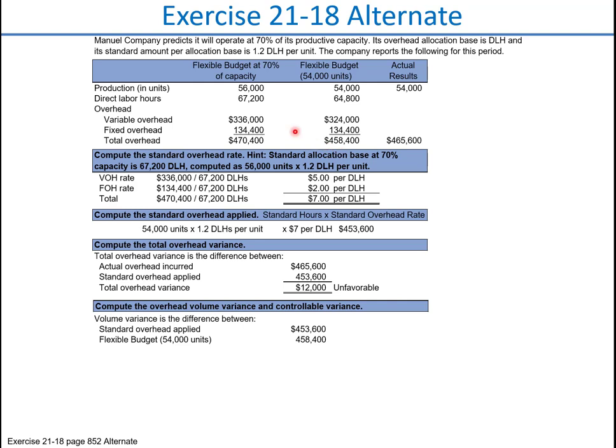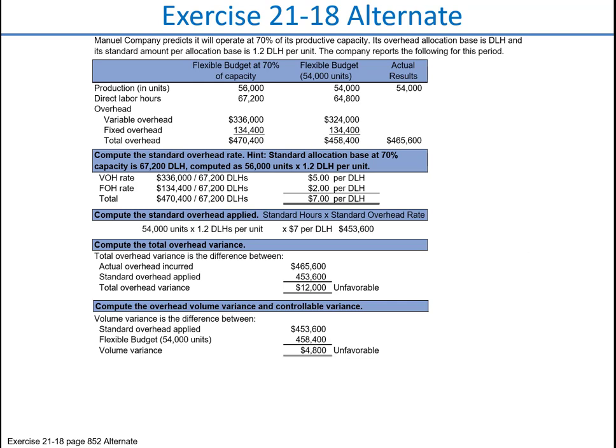This is what it should have taken them: $458,400. 54,000 units times the 1.2 direct labor hours is the 64,800, and then this is separating out the variable and the fixed portion. The variable portion was $5 per direct labor hour, 64,800 times 5. The fixed is a number here that should be the same regardless. That's why it's called a fixed amount.